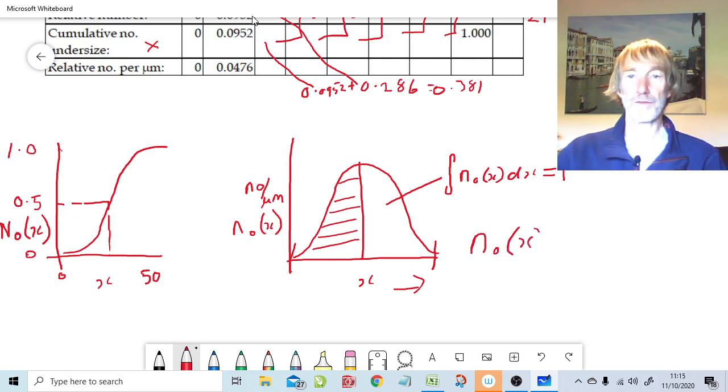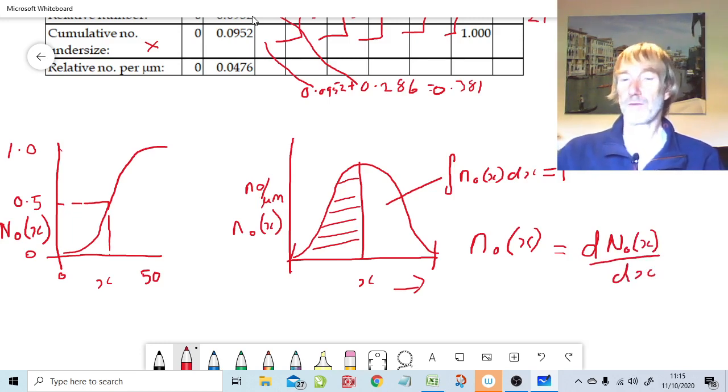So if we wanted the function for the relative number per micron range, then it's going to be the differential of the cumulative curve function, whatever that is.